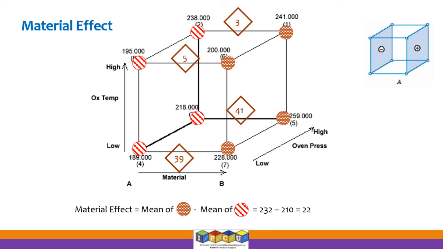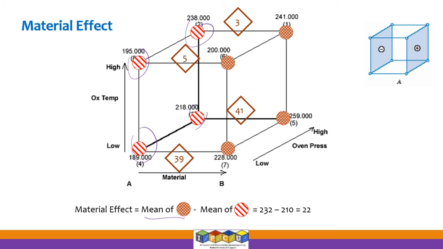In other words, we are taking the average of the experiments on the right face of the cube that corresponds to material being plus, and you're subtracting the average value of the experimental runs in the left face of the cube, which are runs made with material being at the low value, that means material A. So you're taking the average of these four readings and subtracting the average of the other four readings. You're doing this minus this.